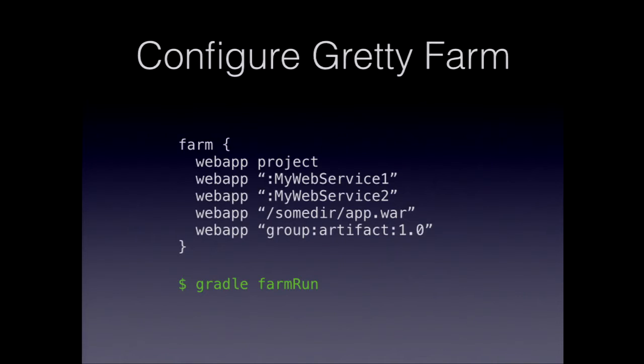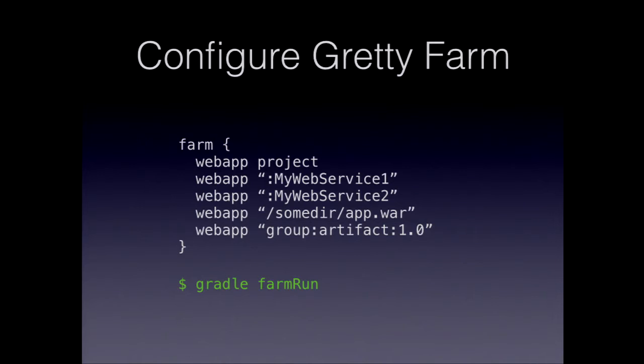And there is syntax for defining your own farms. You define a farm by adding a farm section, and then you call this webApp function. Here I show a variety of parameters that the webApp function accepts. The first line, webApp project, means the current project where the farm is defined is already a web application.